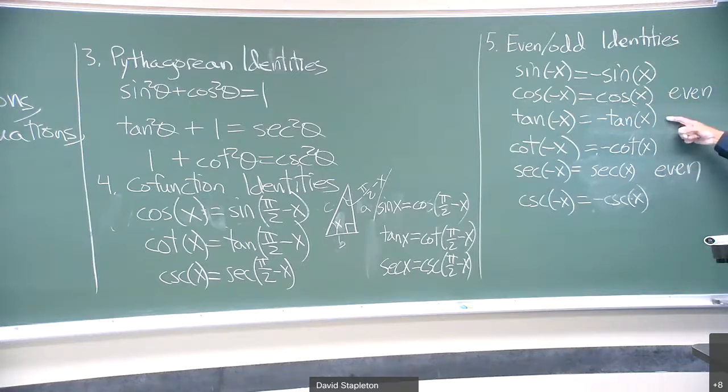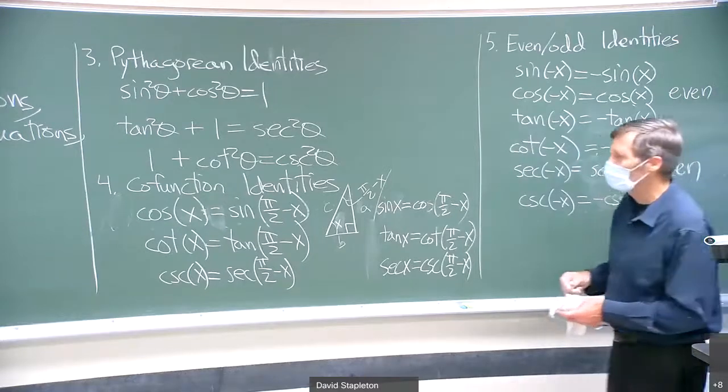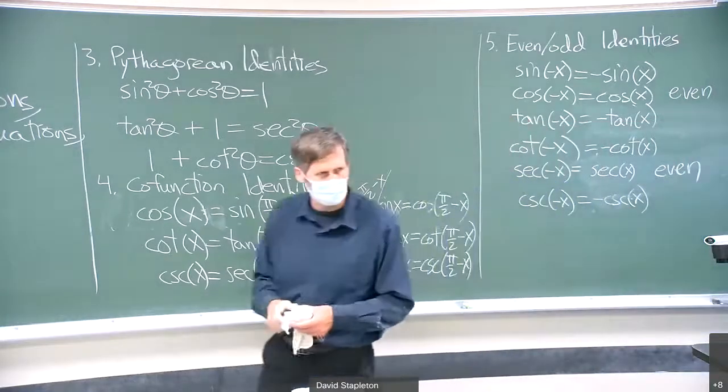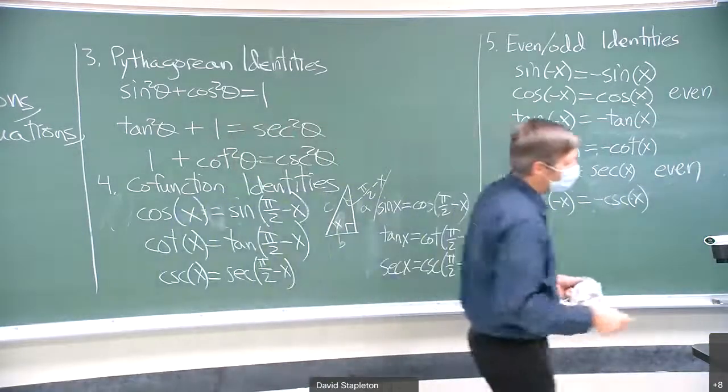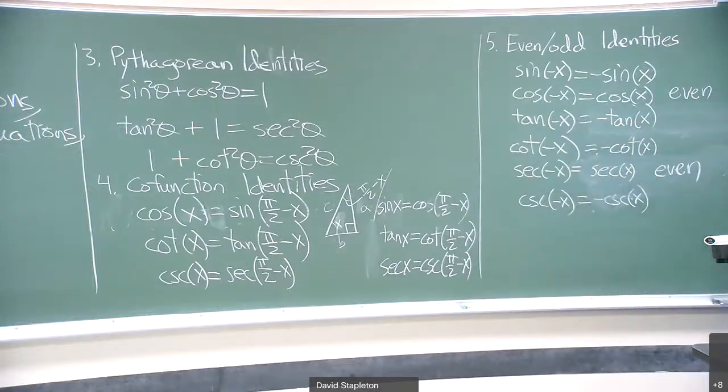But once you recognize that an even divided by an odd is an odd, and an even divided by an even is an even, that kind of stuff from algebra, you can figure these out as quotients. And that's what I did in the proofs. Any questions on all of those? Those are the ones that we want to make sure we know.